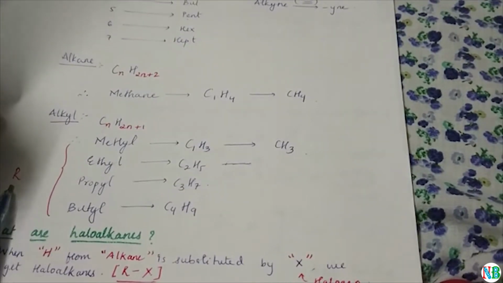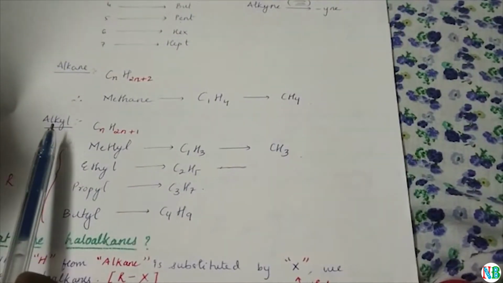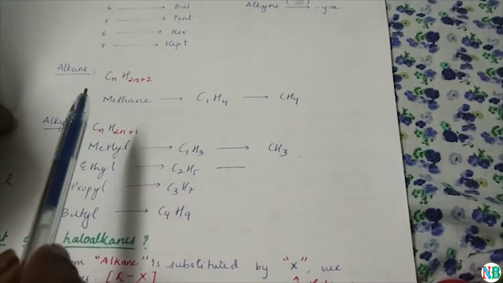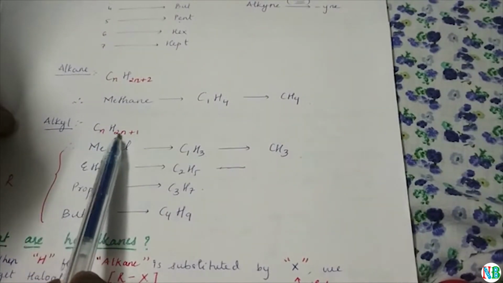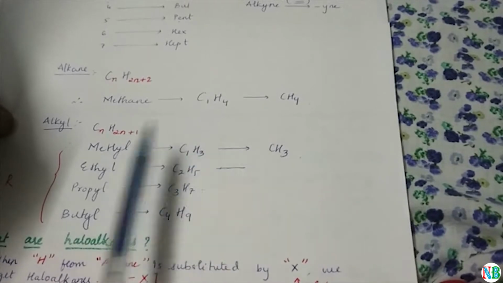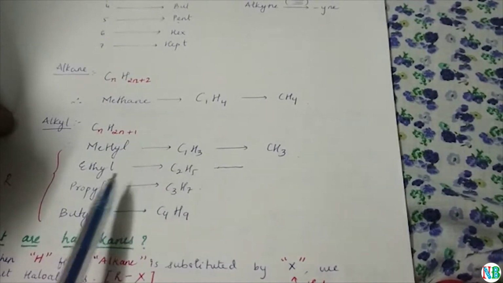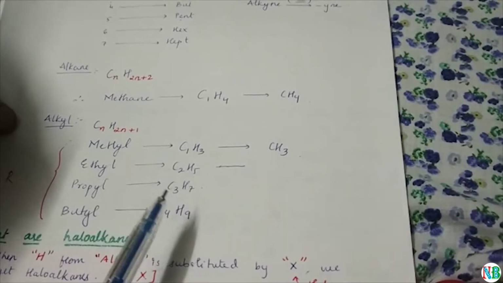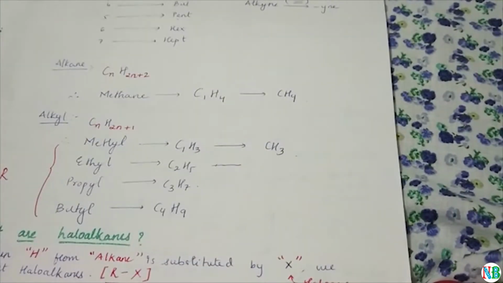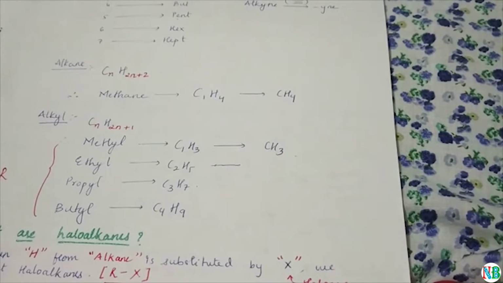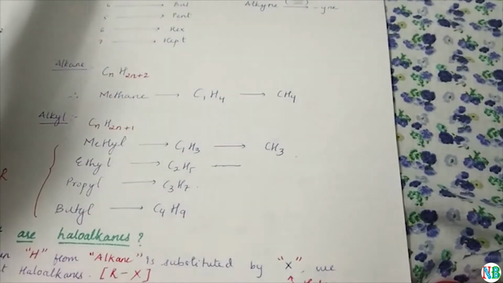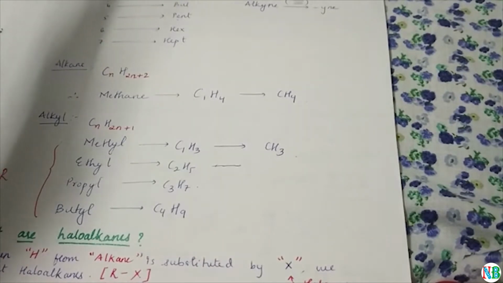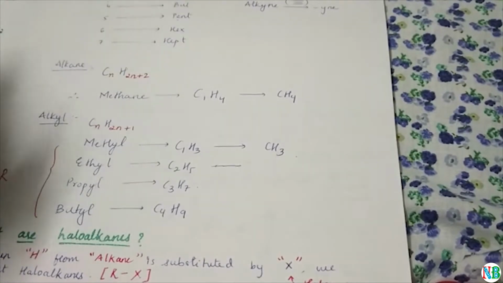Alkyl groups are represented by the letter R. Methyl is CH3, in the same way C2H5 is ethyl, C3H7 is propyl, and C4H9 is butyl. I hope it is clear what alkyl groups are: CH3, C2H5, C3H7, C4H9, and so on.